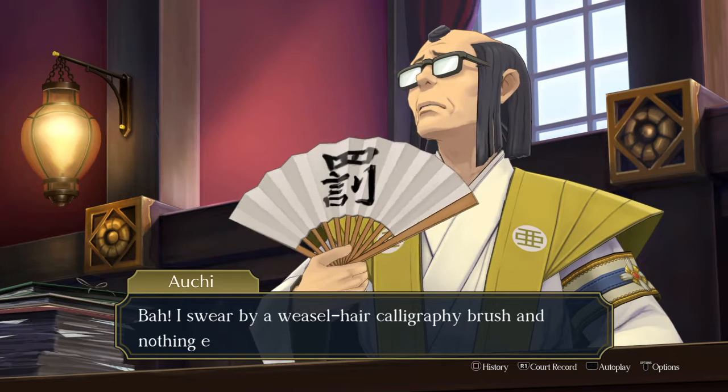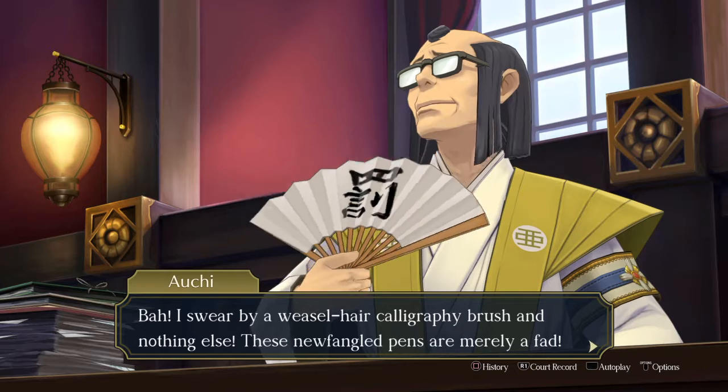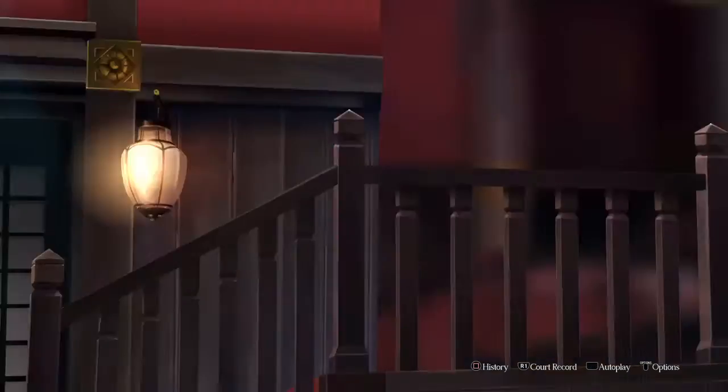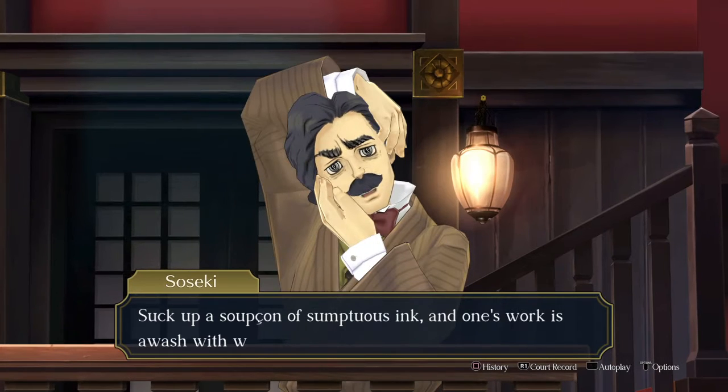Bah! I swear by a weasel-haired calligraphy brush and nothing else. These newfangled pens are merely a fad. Well, as a forward-thinking man of words, obviously I love my fountain pen. Suck up a sumptuous cone of ink, and one's work is awash with words in the blink of an eye.